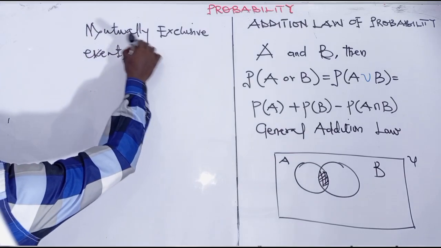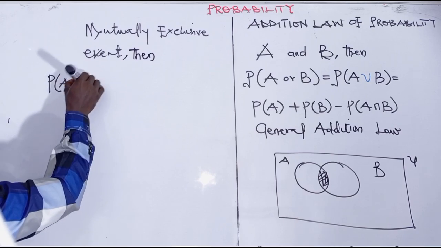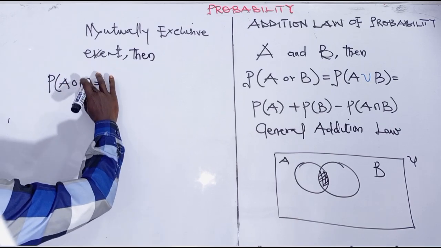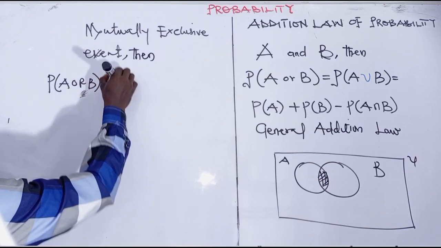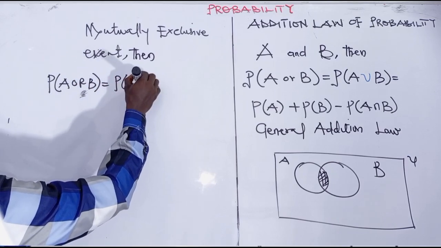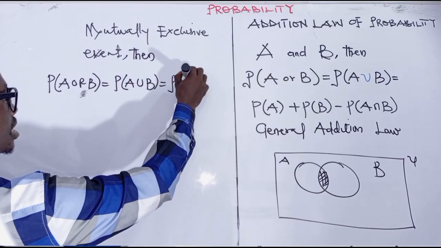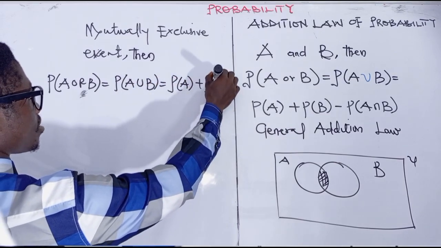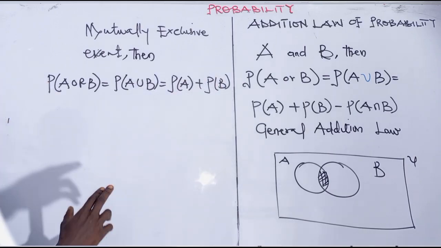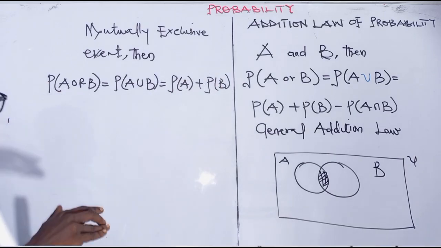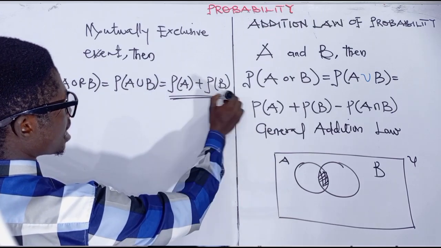Then the addition law becomes the probability of having A plus the probability of having B.